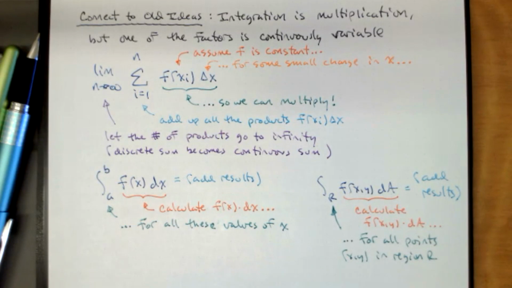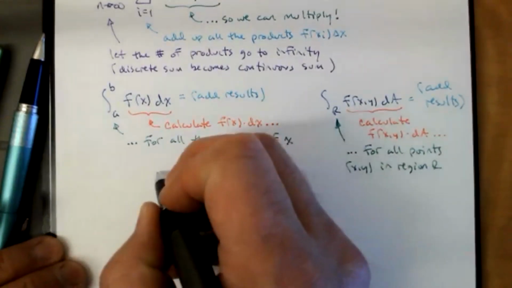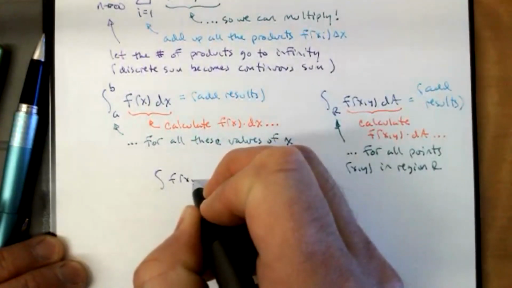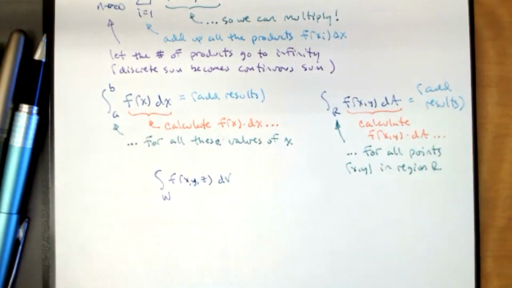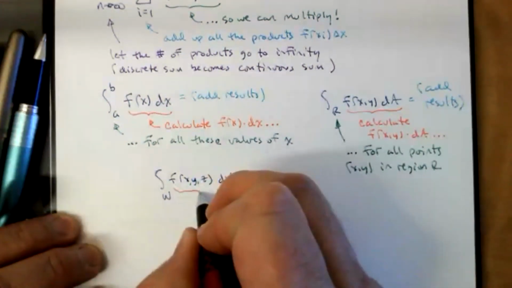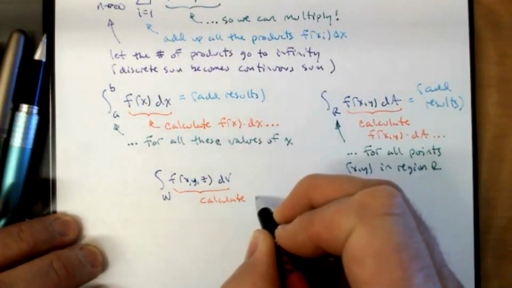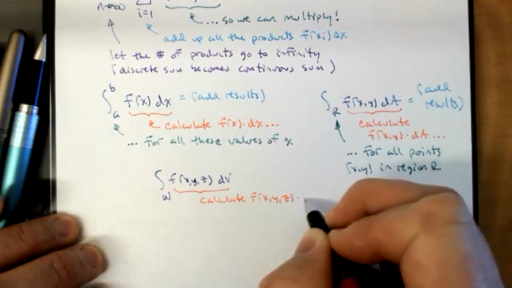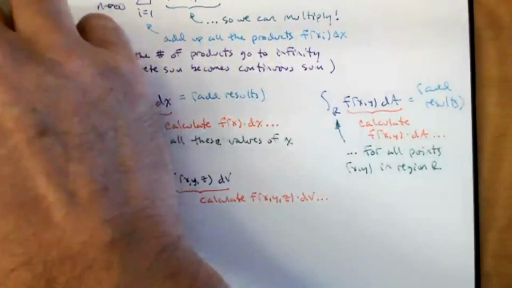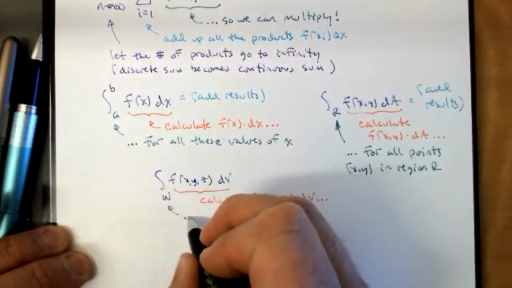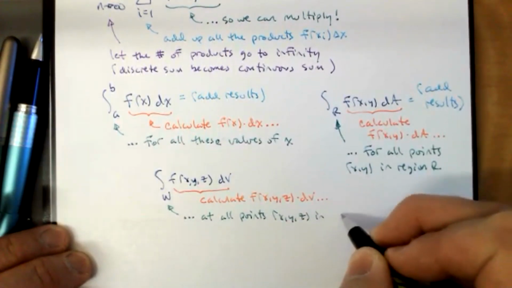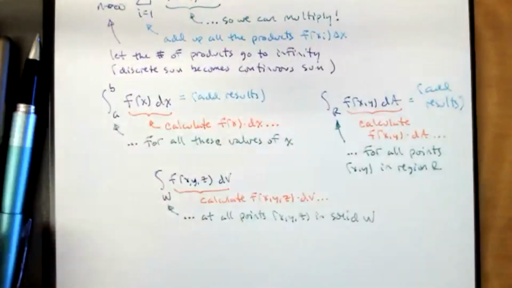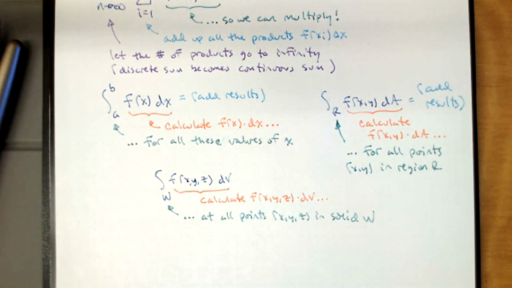And we add up all the points x, y, z in the solid W. We calculate f at x, y, z times dV at all the points x, y, z in the solid W, and we're imagining adding those values together.